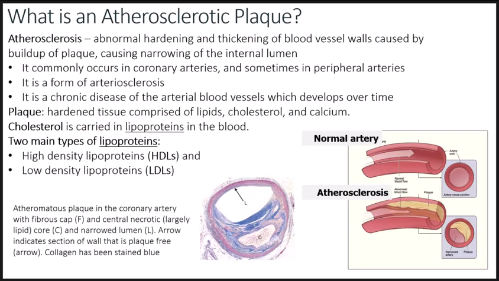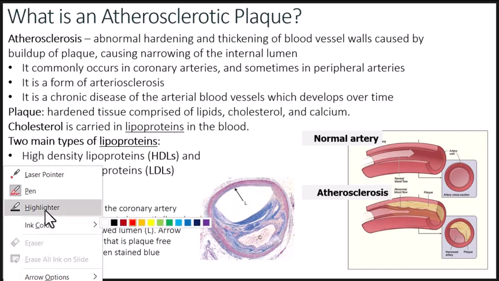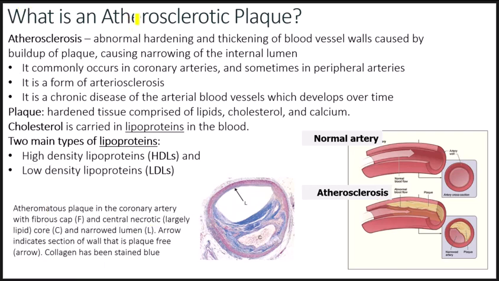So you heard me use the term atherosclerosis or atherosclerotic plaque. What is an atherosclerotic plaque? Well, let's break down some of the details. First of all, the term atherosclerosis. When it comes to words used in any medical discussions, you can oftentimes break down the word to know what it means based on its Latin or Greek origin.